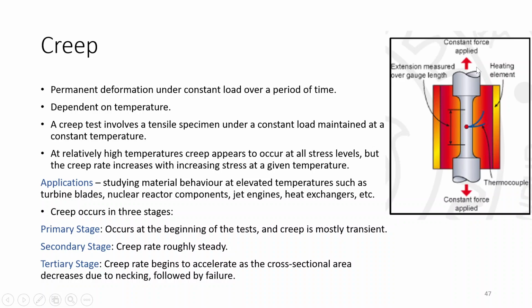So this is your creep testing. Here the specimen is shown. It is a dog bone shaped specimen. Here you are measuring extension, which is measured over the gauge length, and a constant force is applied and a particular temperature is maintained.